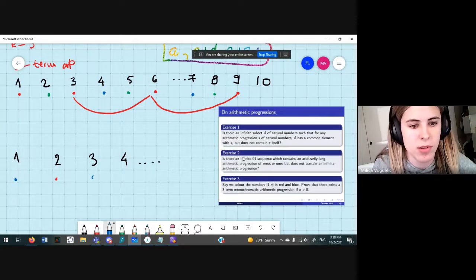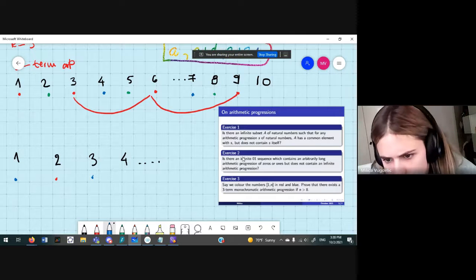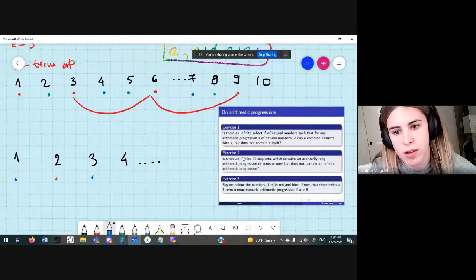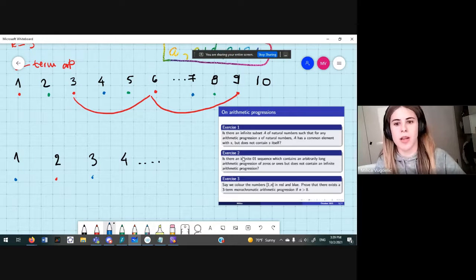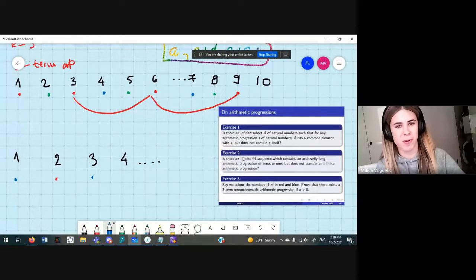That's the same thing. Is there an infinite 0-1 sequence which contains arbitrarily long arithmetic progressions of zeros or ones, but does not contain an infinite arithmetic progression? So that's exactly the question: does arbitrarily long AP imply that there will be an infinite one? I spoiled the answer. The answer is yes, there exists one.